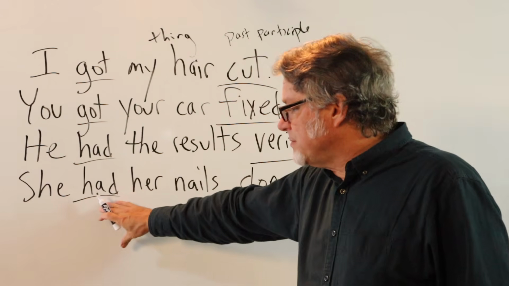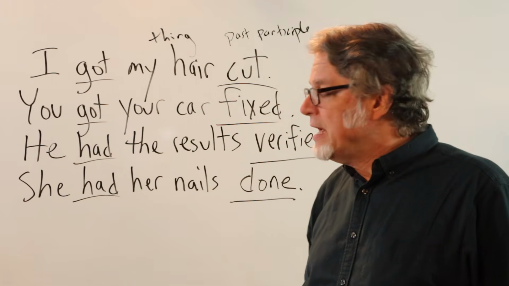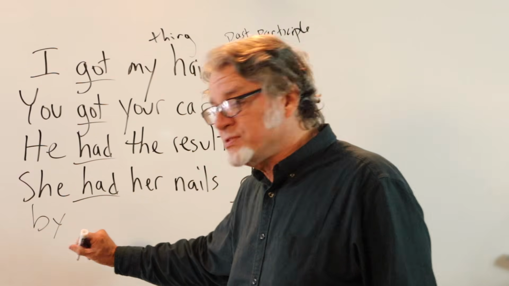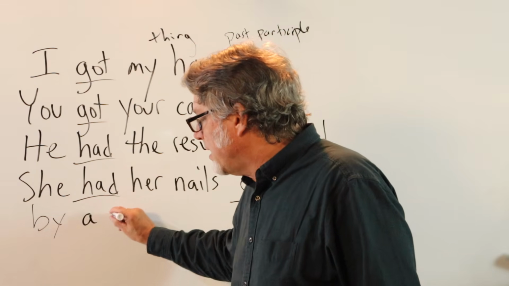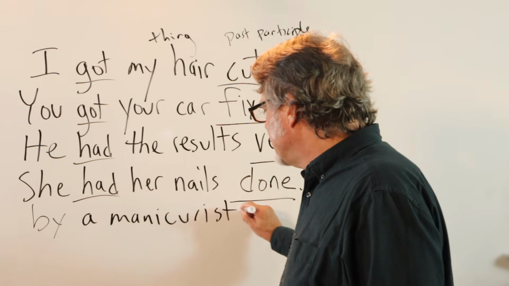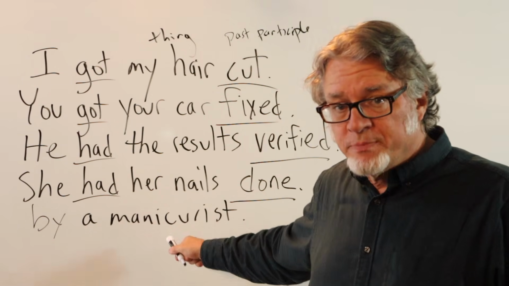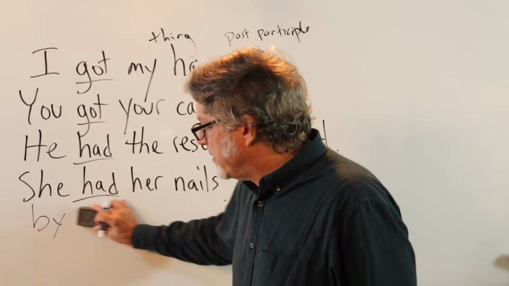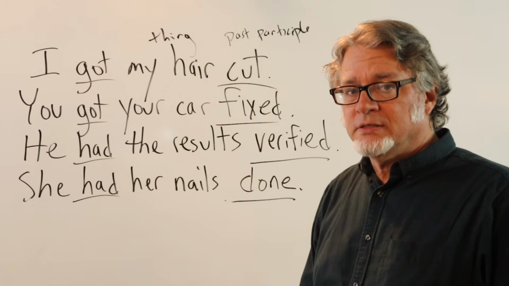When you say this in this last sentence, she had her nails done, everybody who hears this knows that a manicurist did the work. She had her nails done by a manicurist. But it's not necessary to say who did the work. It was probably a professional. We can just take this off and just say she had her nails done.